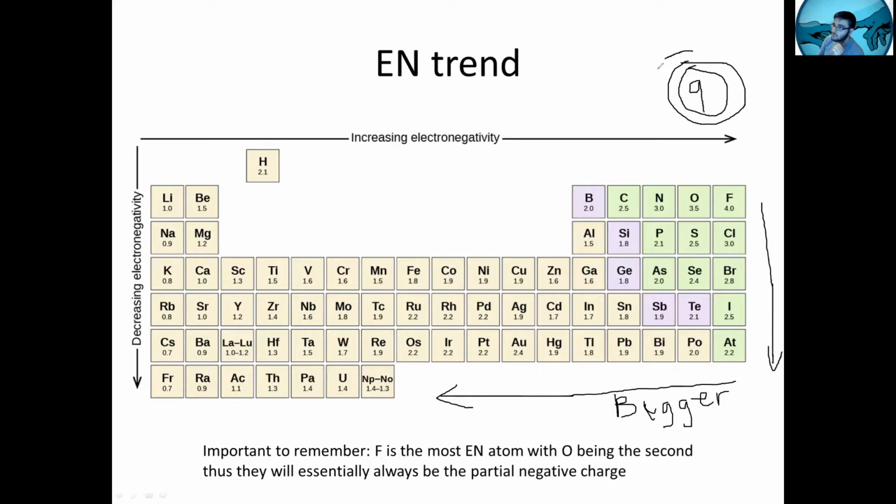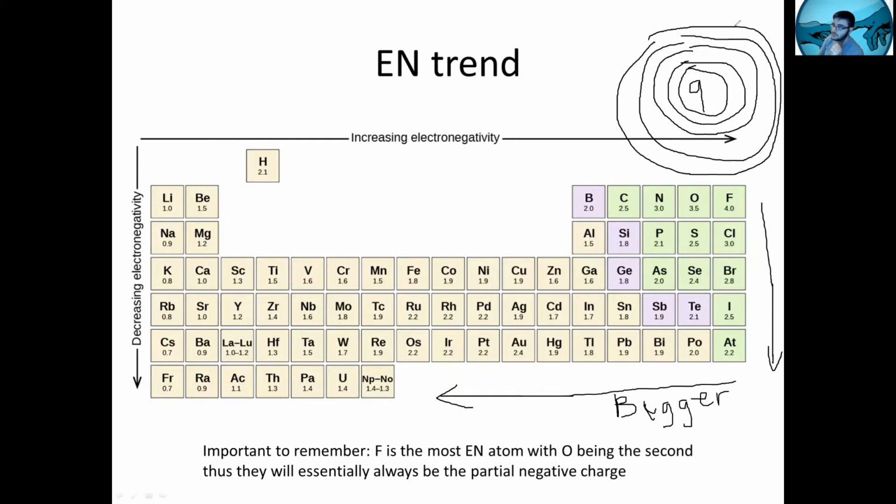It would have more electrons, thus it would have another shell. Bromine would have another shell. Iodine would have another shell, right? And you can see how each time I'm going down, more shells get added, so the atom gets bigger and bigger as it has more shells. So obviously things get bigger as you go down because you're just adding more shells because of more electrons.